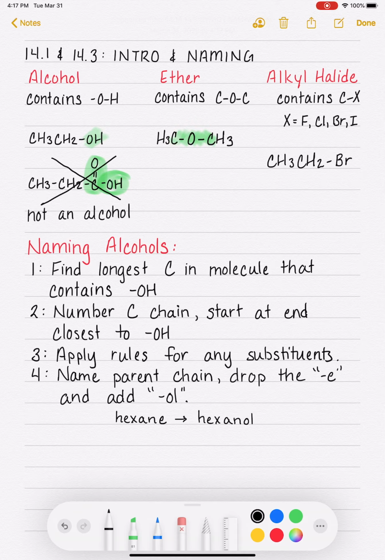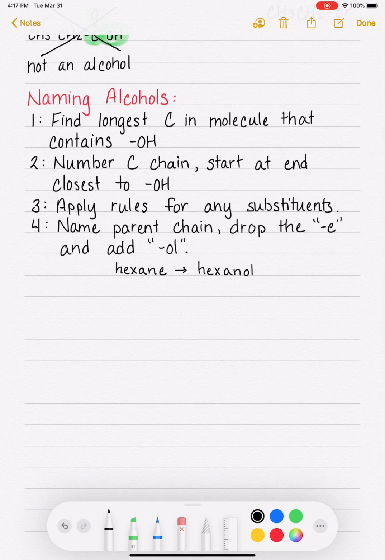So let's look at a couple of examples for naming. I'm going to start with one that's in condensed structure because it's tiny and hard to draw in a line structure. So our first job is to find the longest carbon chain, and there's only one carbon, so that is the longest chain. And we are going to number that single carbon starting at the end closest to the alcohol, the OH, and there's only one carbon.